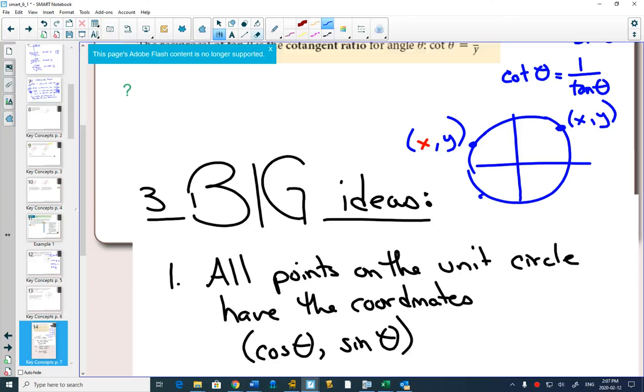If you pick a point in quadrant 3, both the x coordinate and the y coordinate would be negative. And cos and sine are both negative in quadrant 3. And then in quadrant 4, your x coordinate would be positive, but your y coordinate would be negative. And cos is positive in quadrant 4, and sine is negative.